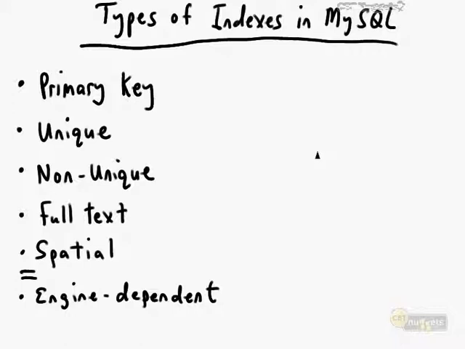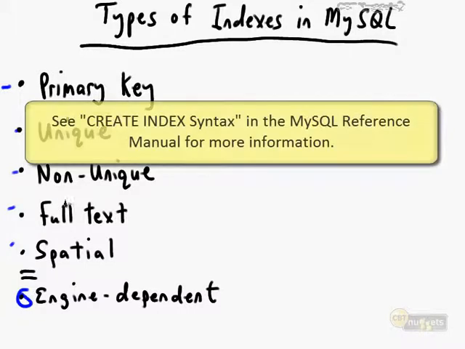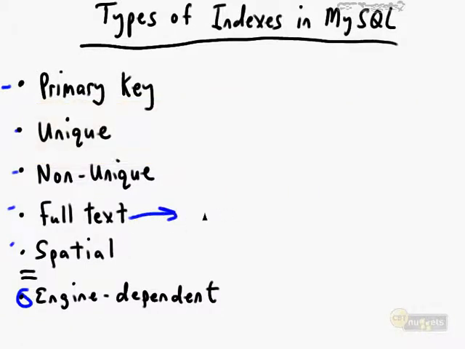Types of indexes in MySQL 5.x. Here's the full list. There are 5 types of indexes, and the things you need to understand about these for your exam are as follows. Number 1, these indexes are engine dependent. I would suggest you hit up the MySQL reference manual for specific guidance here, but the take-home message for the exam is that full text indexes, unfortunately, are limited to the MyISAM storage engine.